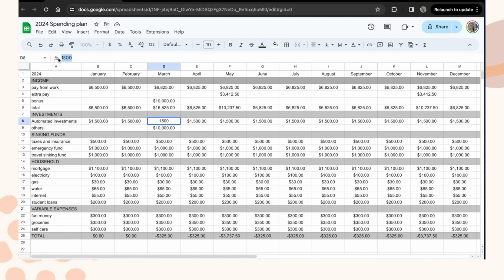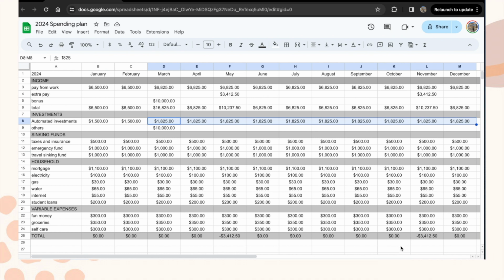So it will be $1,825 instead of $1,500. And this will be across the board what I will do. So all of the months, the pay increase will go into automated investments.